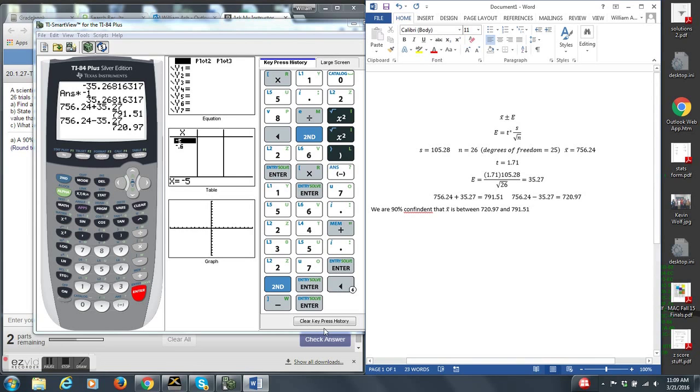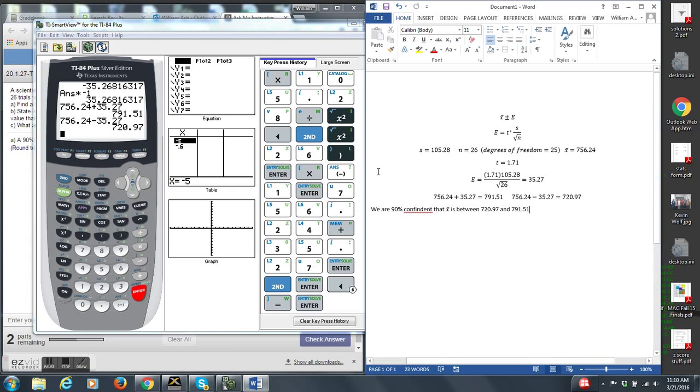Again, exactly what does that mean? I guess that means if I did this experiment over and over again, I'm going to get a whole bunch of different intervals, and 90% of those intervals are going to contain the actual mu, the actual mean, which is the speed of light in this case.